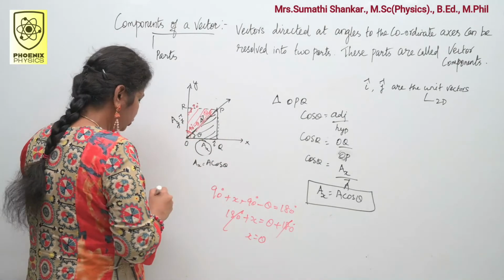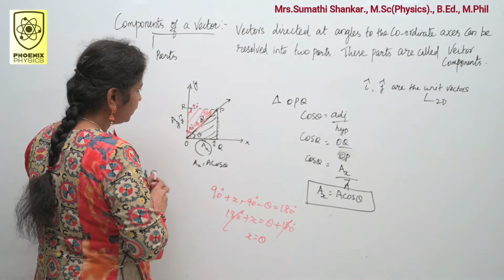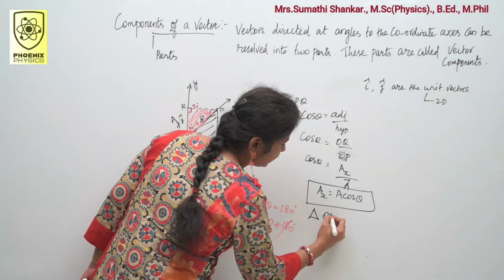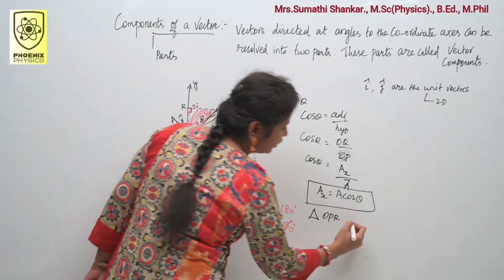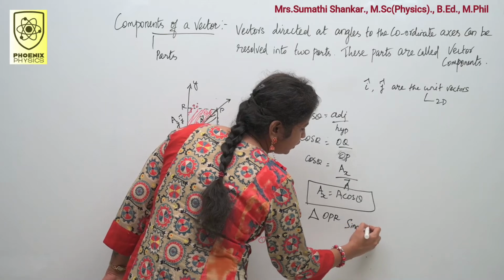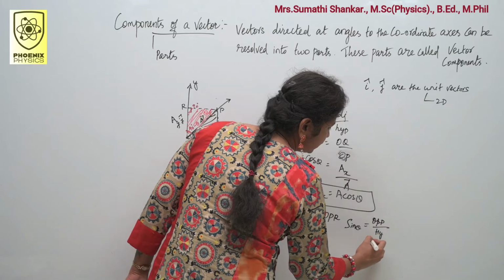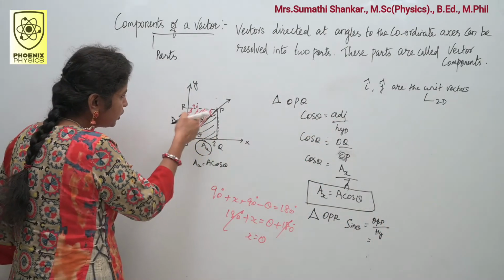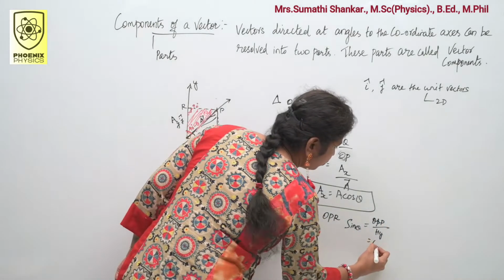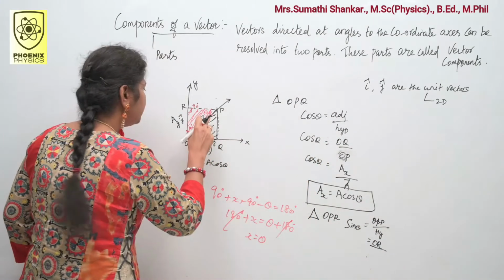Now I am going to find sin theta for this triangle. In triangle OPR, what is the sin theta formula? Sin theta means opposite side by hypotenuse. For this theta, the opposite side is OR, and the hypotenuse is OP.